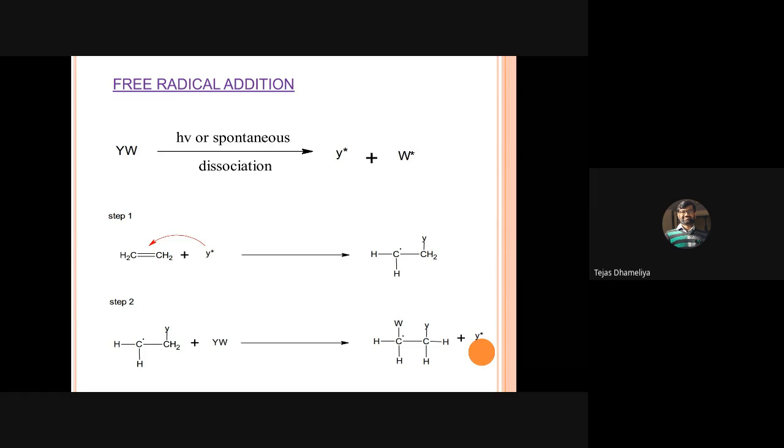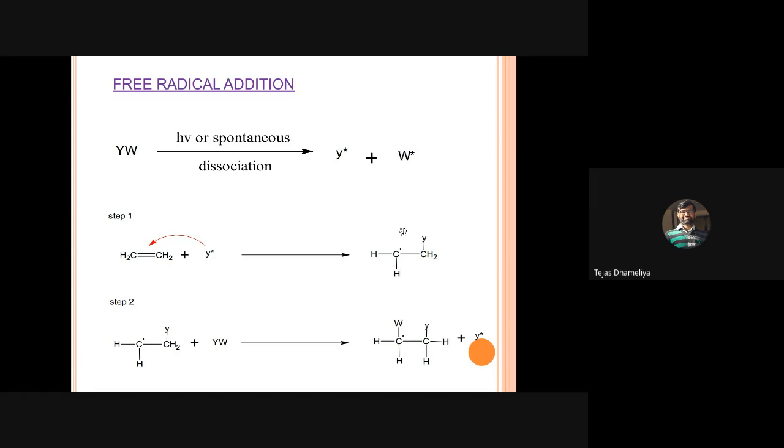This free radical will attack the carbon-carbon double bond to form this radical species. Here one thing is shown wrong: this is not a full arrow. Here there should always be a fish hook arrow, so that we can have movement of a single or odd electron.